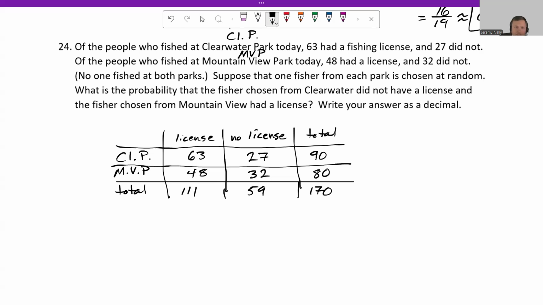Okay, so probability that the chosen fisher, we're taking one fisher from each park. So these are independent events. I can write this out the long way, but I'm not going to.